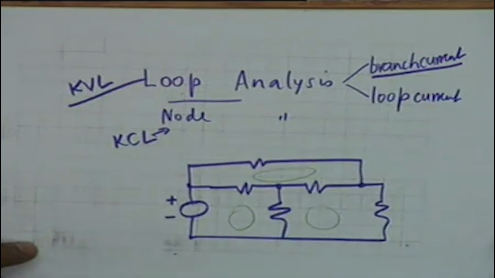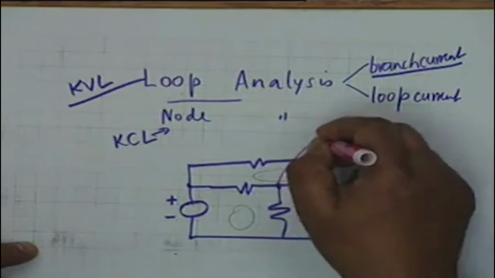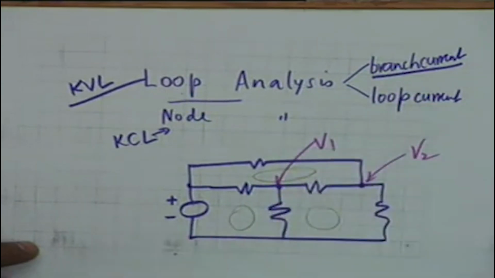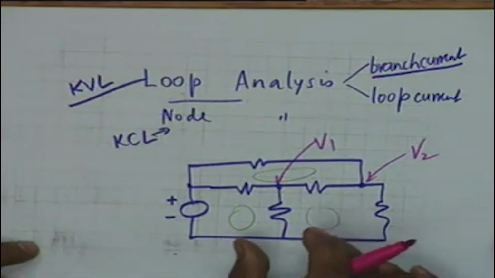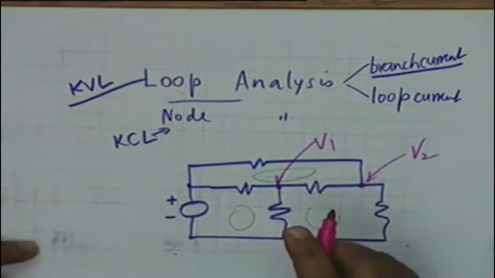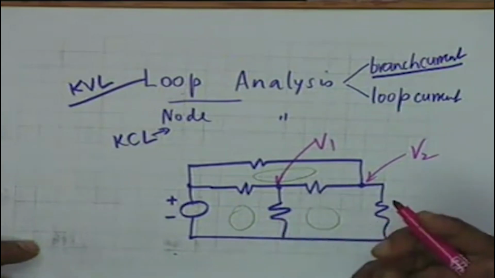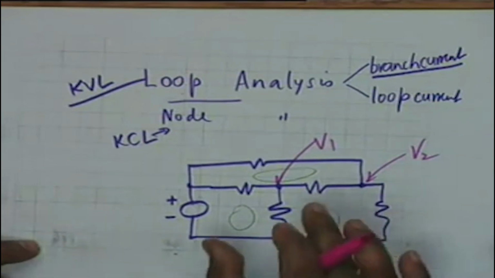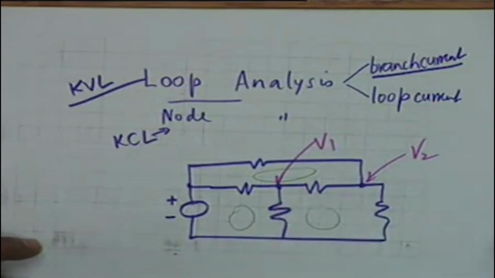On the other hand, if you take node analysis, then all that you have to do is to find these 2 node voltages, V1 and V2, and therefore one shall consist of a 3 by 3 matrix, determinant of 3 by 3, and the other shall consist of 2 by 2. Obviously node analysis shall be preferable in this context, and this decision you have to make.